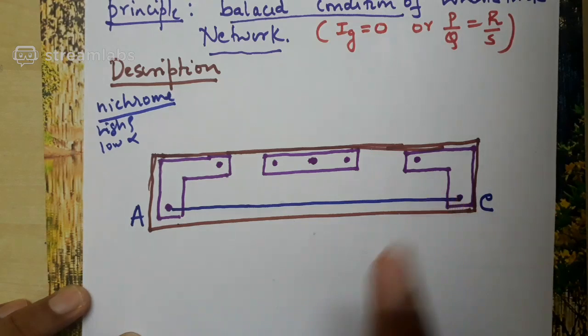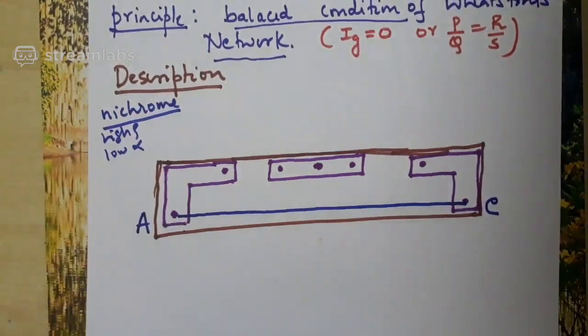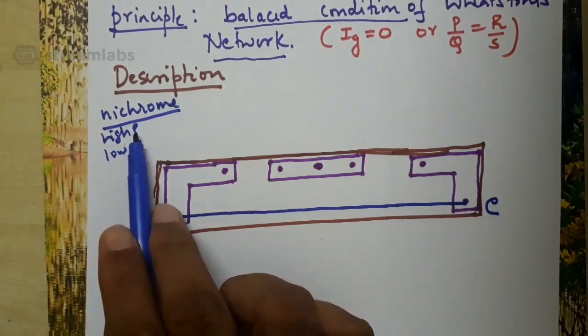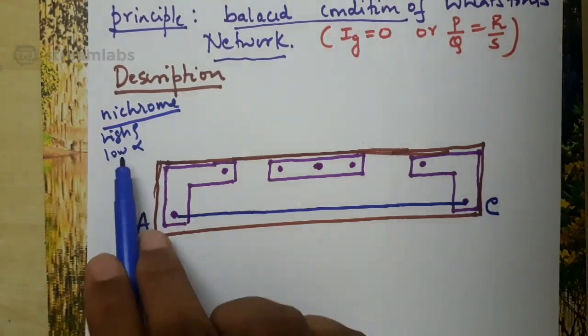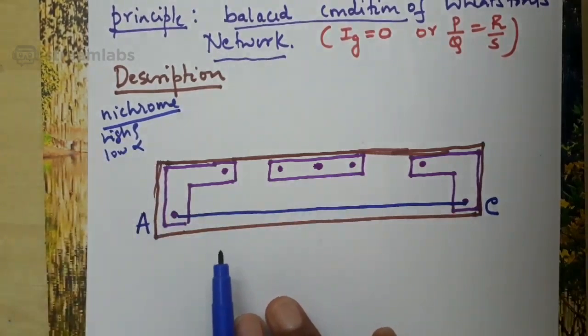Its length is 1 meter and this wire is an alloy. It can be nichrome or manganin or constantan. You know the idea behind why these alloys are used, because they have a high resistivity and low alpha. Their small length is enough to have a more resistance. Low alpha indicates that the resistance does not vary much with the temperature.